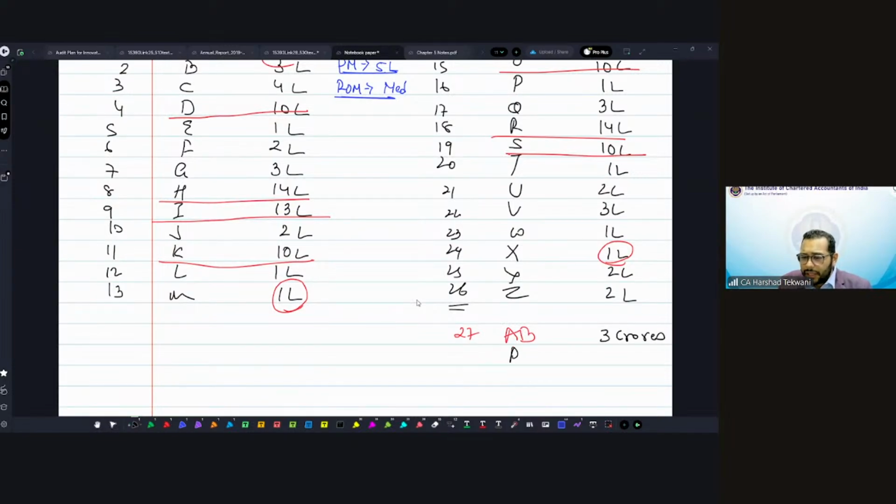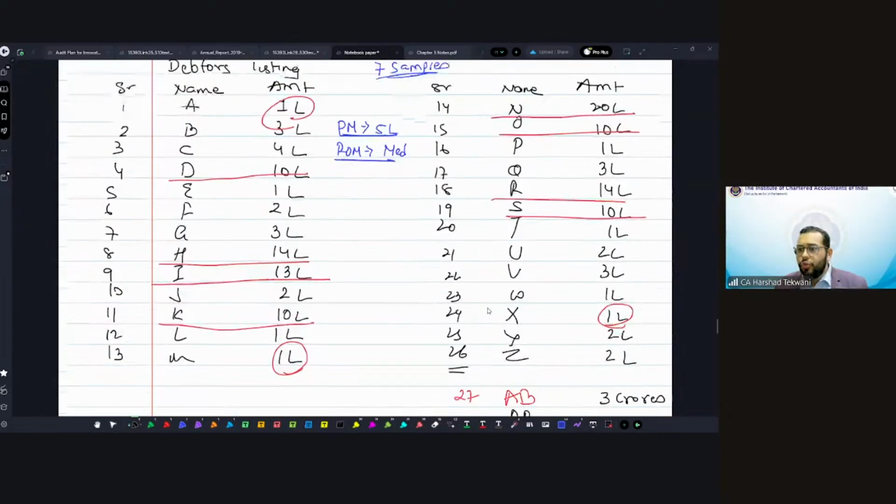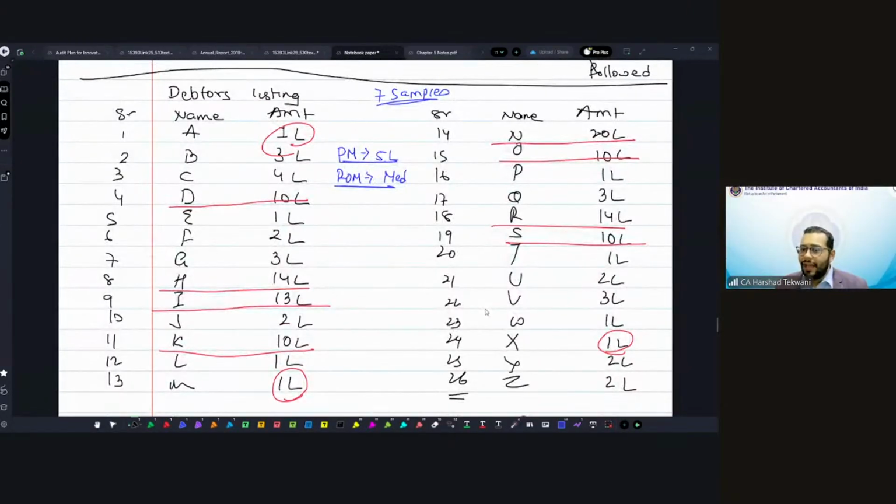It's a related party. And let's say this entity has many related parties. Now, this is a related party, this is a related party, this is a related party. If this is a scenario where the majority of my high value items are related parties, I may not go with this method.